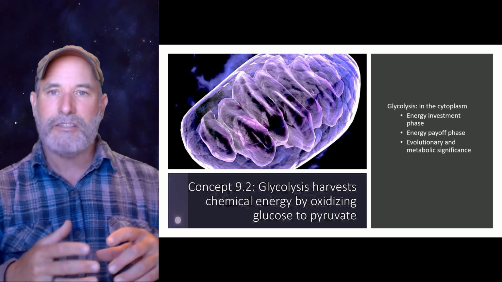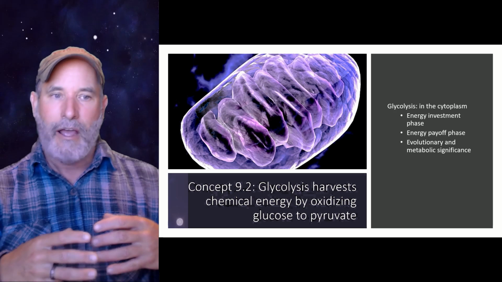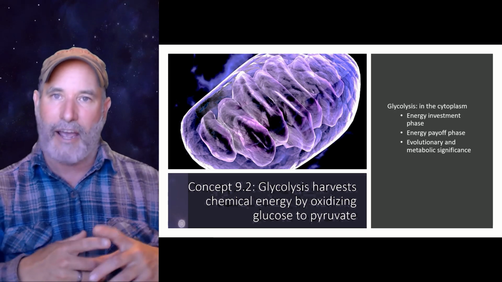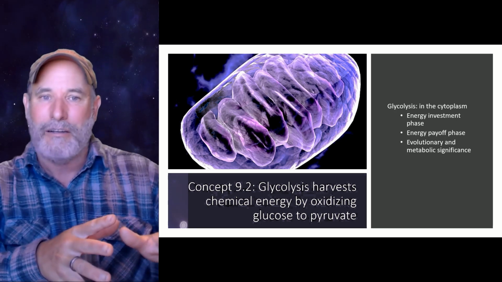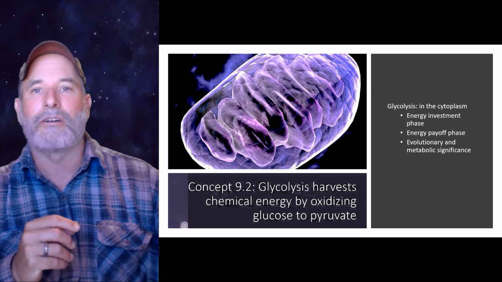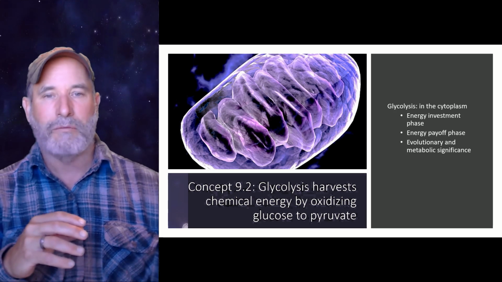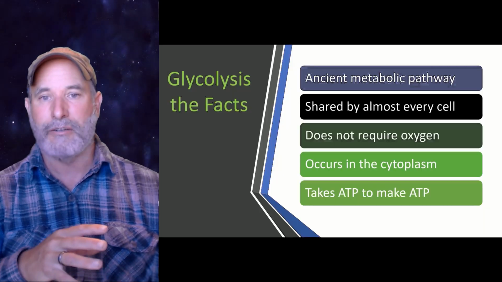Now, glycolysis, we're going to start to oxidize it, right? And basically, it's going to occur in the cytoplasm of the cell. So even though I'm showing a mitochondria here, guess what? Glycolysis occurs in the cytoplasm outside the mitochondria, right? And there's some really cool things about glycolysis before I even get into it.